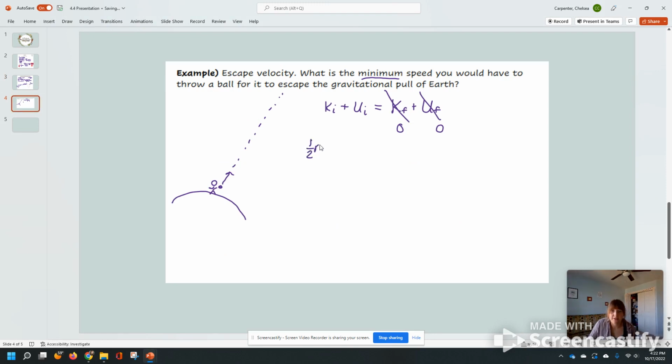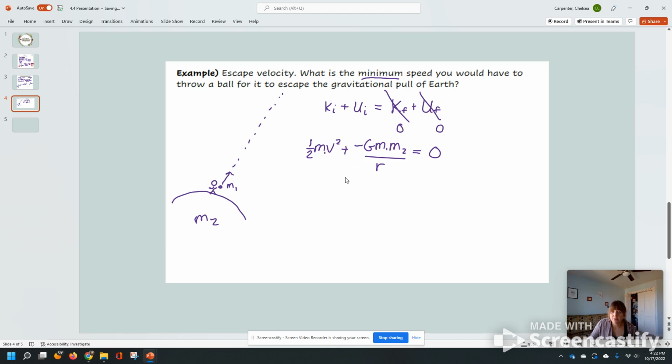So I've got 1/2 mv squared plus my new formula, which is negative G m1 m2 over r. And this mass 1 is going to be the mass of the ball, and mass 2 is Earth. We're trying to get away from that gravitational potential energy created by Earth.